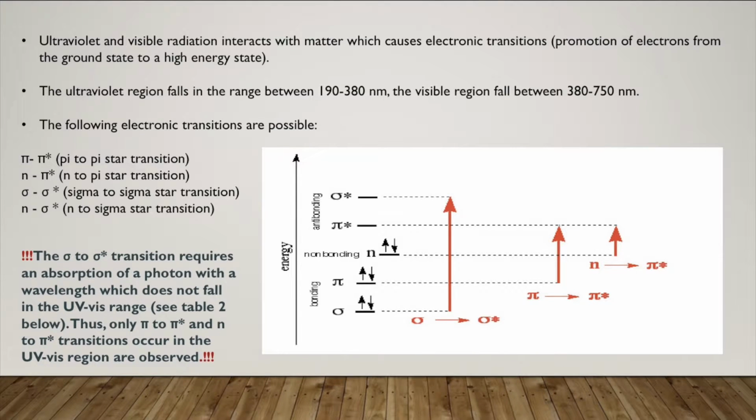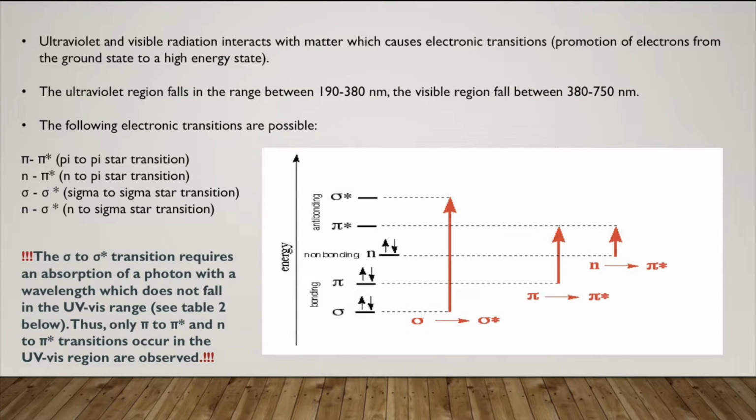As we can see in the following diagram, there are bonding, non-bonding, and anti-bonding orbitals. Bonding has sigma and pi, non-bonding has n, and anti-bonding has pi star and sigma star. This diagram shows the electronic transitions that are possible. The first one is pi to pi star, and the second one is n to pi star.